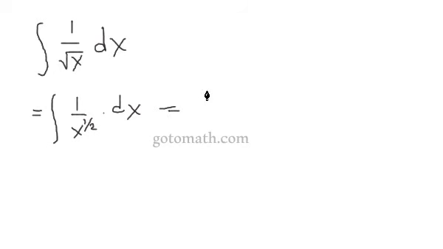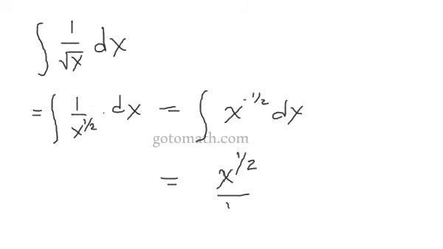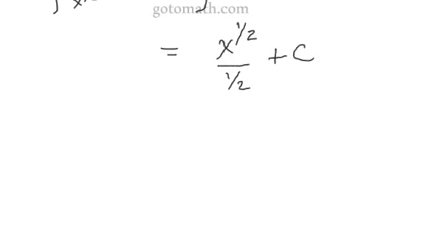And then we want to take this up into the numerator, so this becomes x to the negative a half dx. And now what we're going to do is add 1 to the exponent. So adding 1 to a negative a half gives me a positive a half, right? And then we take the positive half, put it down into the denominator, and don't forget the plus c.